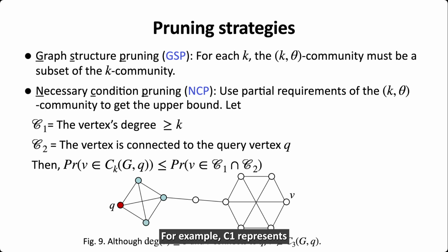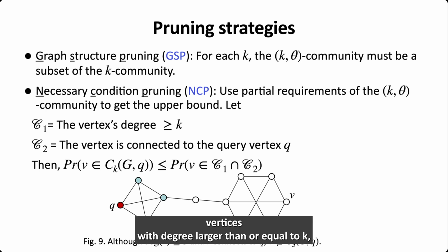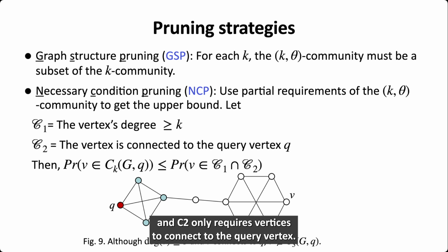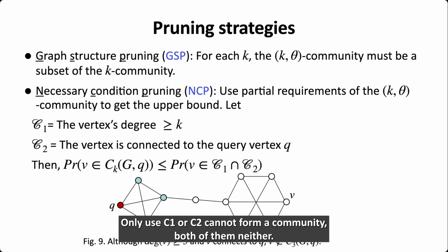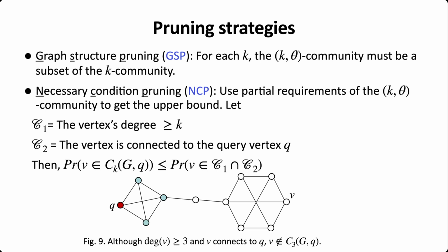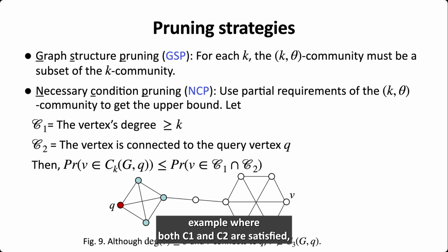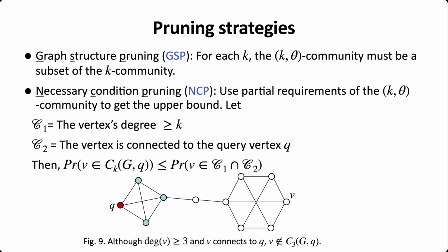For example, C1 represents vertices with degree larger than or equal to k, and C2 only requires vertices connected to the query vertex. Only if C1 or C2 cannot form a community, both of them neither. Figure 9 shows an example where both C1 and C2 are satisfied, but the result set is not a community.